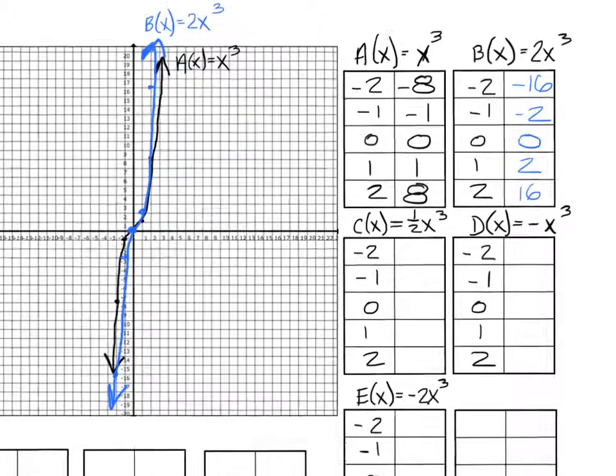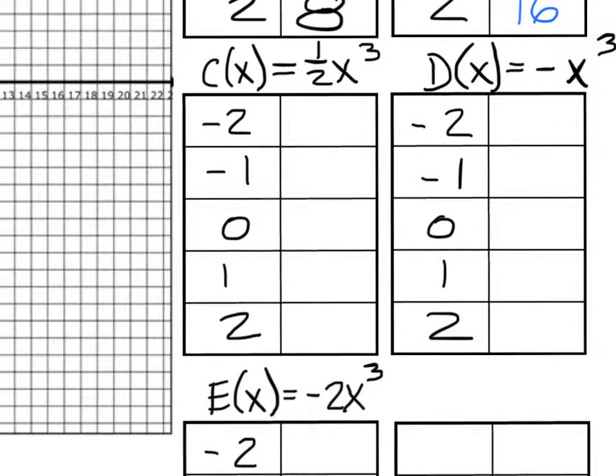So let's move into 1/2 of x cubed. If I put a negative 2 in, cube it, and then multiply by 1/2, what do I get back? Negative 2 cubed is what? Negative 8, and we multiply by 1/2 to get negative 4.